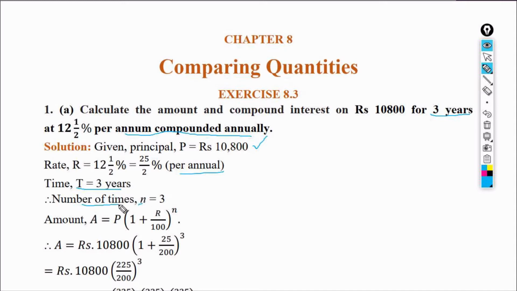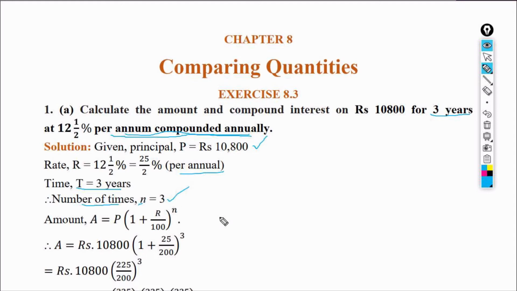We'll get that from the number of years, and here it is written compounded annually. Then from that we can say 3 into 1, n equals 3.